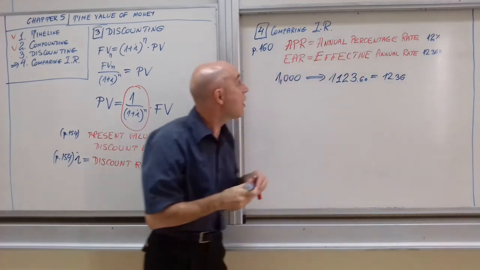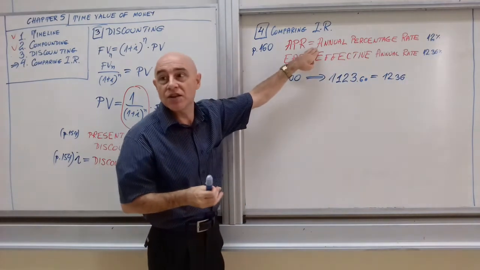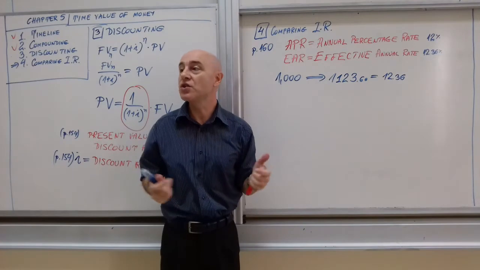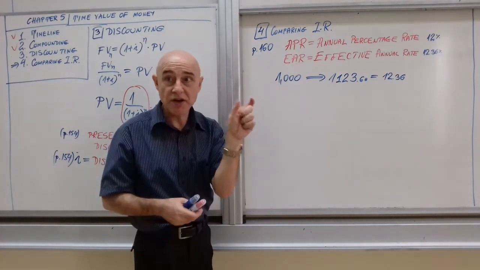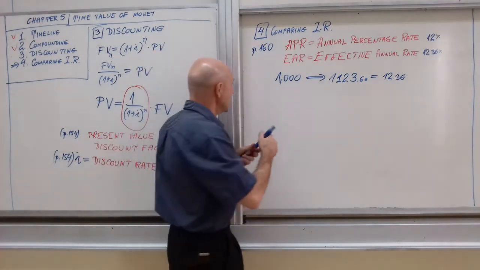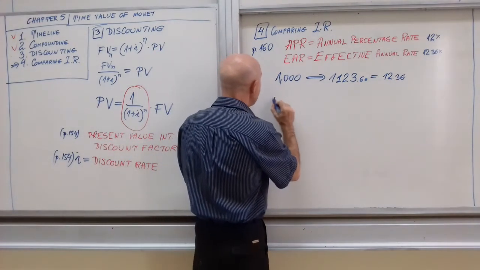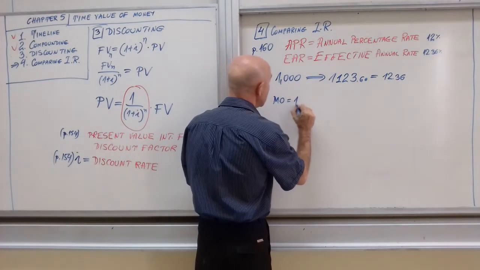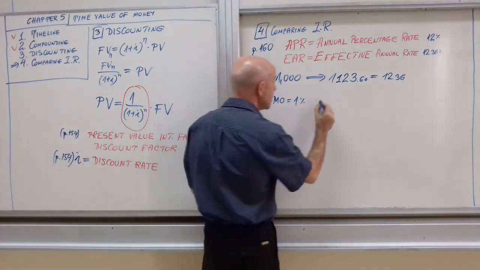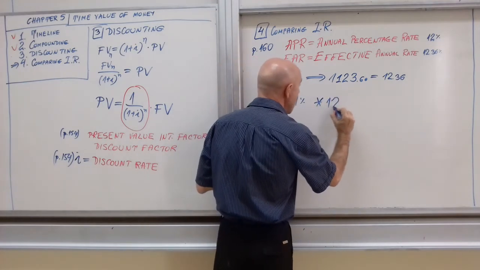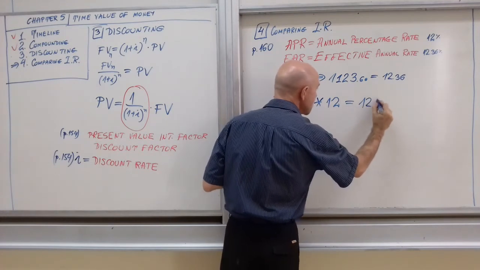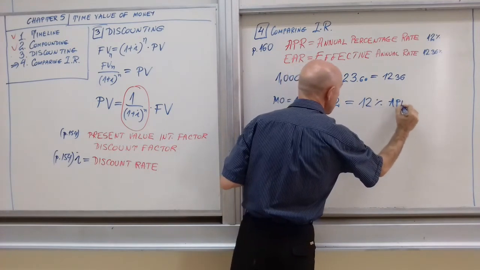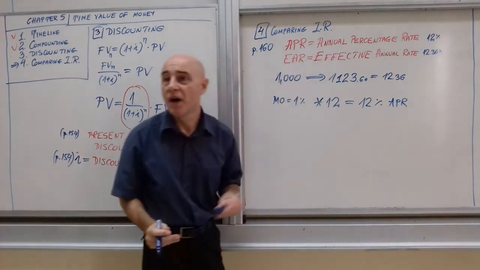All right. Now, what is the annual percentage rate? The annual percentage rate is the interest rate for the period multiplied by the period. So, if the monthly equals 1%, you multiply by 12 to get 12% APR. Okay?